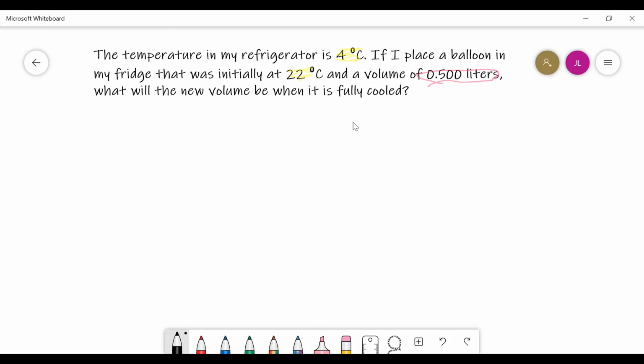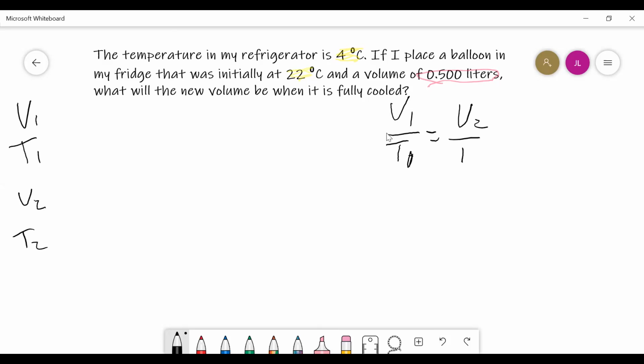Our pressure must have stayed the same, so we can ignore pressure. We are looking at volume 1, temperature 1, and volume 2, temperature 2. Remember, Charles' law, if you look at the organizer, says V1 over T1 equals V2 over T2, and that's direct proportionality.